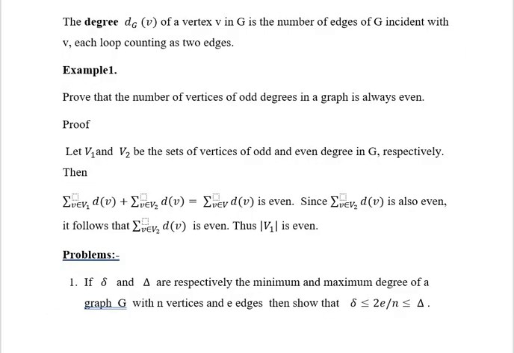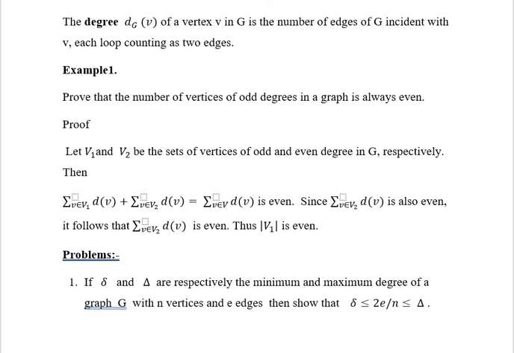Now we can consider an example where we have to prove that the number of vertices of odd degree in a graph is always even. Odd degree means the vertices having degrees like 1, 3, 5, etc., odd numbers.